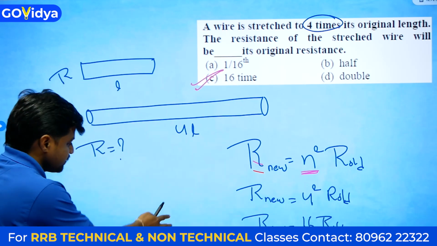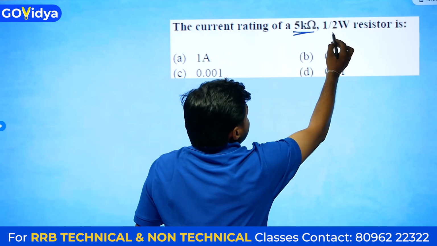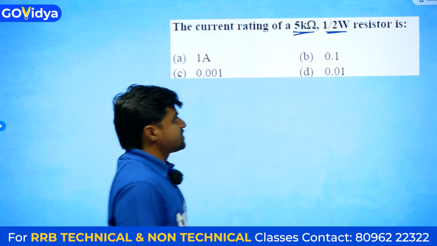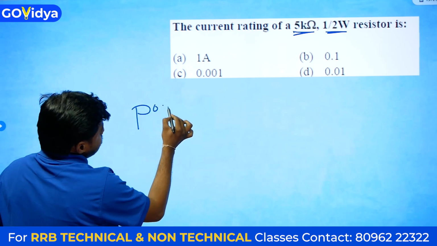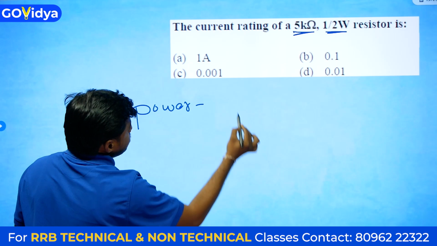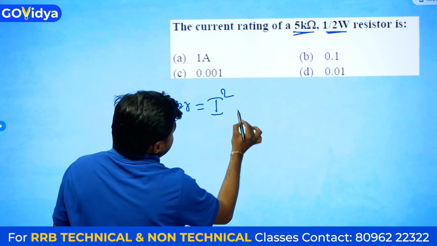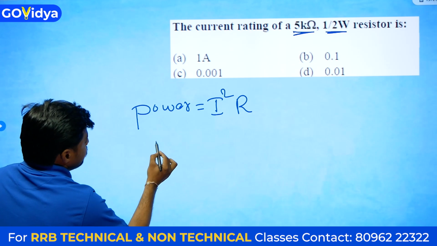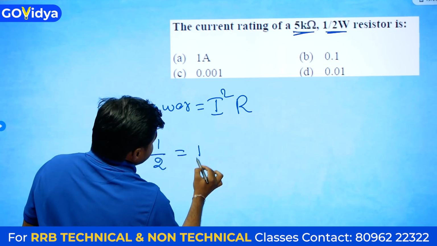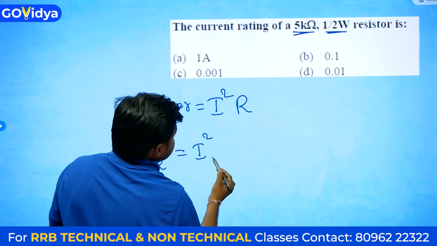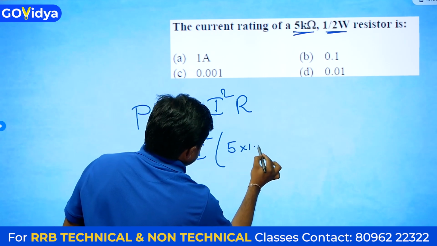Next question. The current rating of a 5 kilo ohm, 1/2 watt resistor is? We know that power is equal to I square R. Power is given as 1/2 and resistance is 5 kilo ohm, that is 5 into 1000.